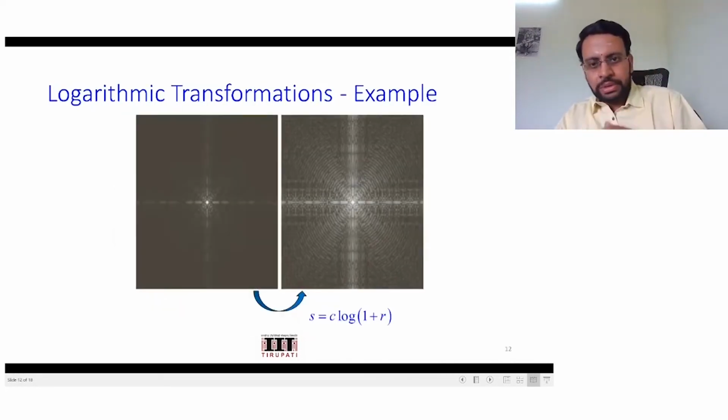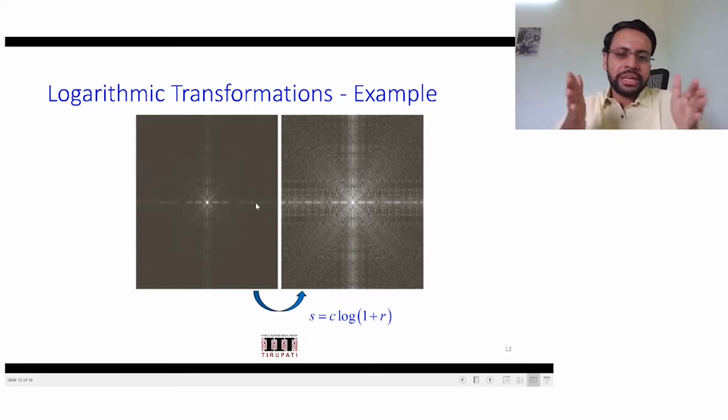This is an example of applying a log transform to a magnitude spectrum. Those of you who had experimented with computing the DFTs would already be familiar with these kinds of graphs. Assume that the image on the left hand side is a simple magnitude spectrum. Because of the high intensity value at the center, you won't be able to observe the frequencies or the harmonics that are there at higher values of frequencies.